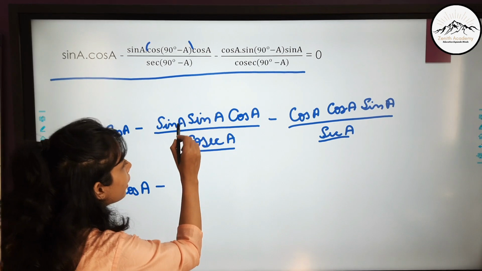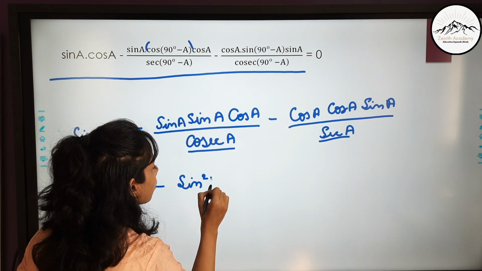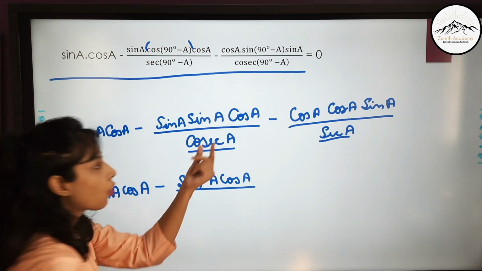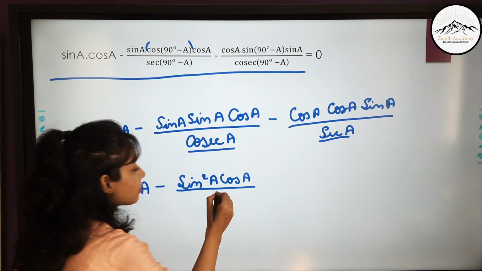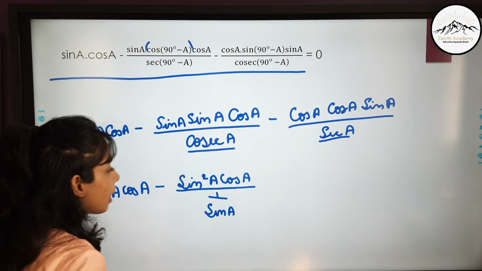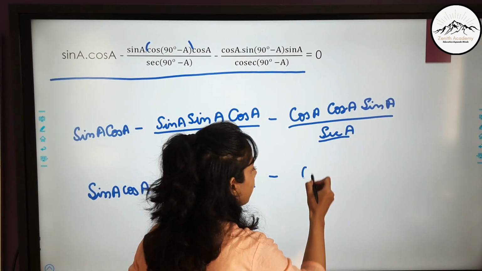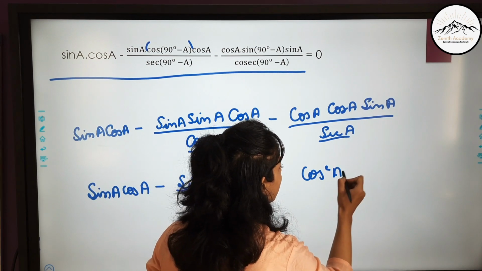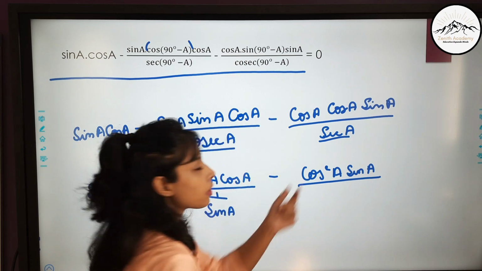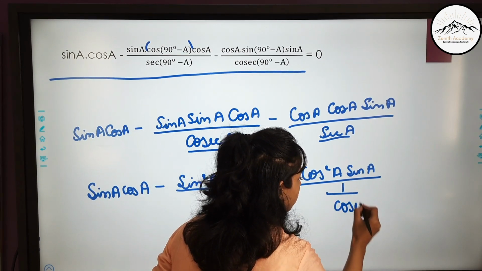So now here it will be sin square A cos A upon cosec A is what? 1 upon sin A. Cosec is the reciprocal of sin, and we can write this as cos square A into sin A upon, what is sec A? The reciprocal of cos. So 1 upon cos A.